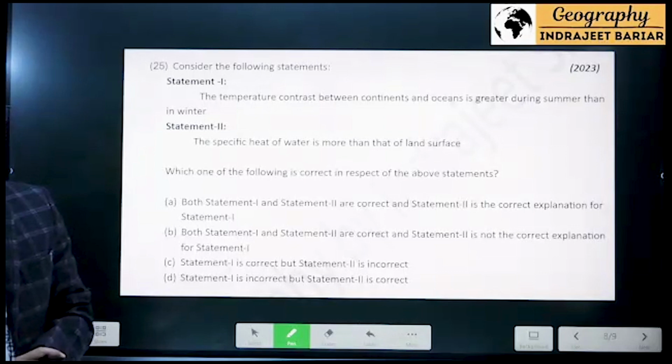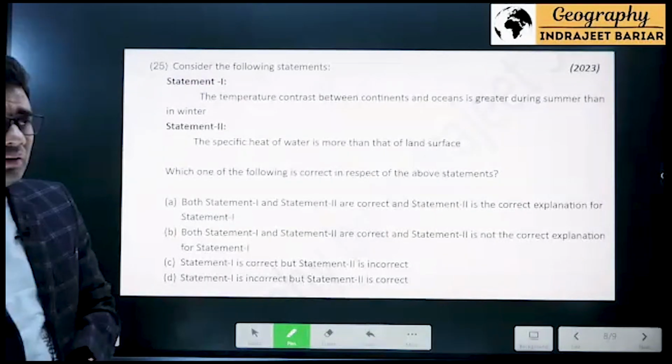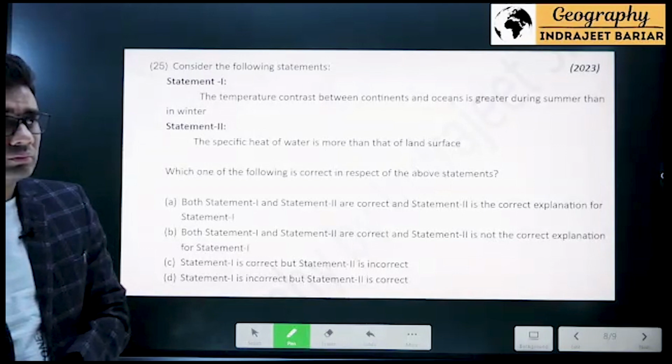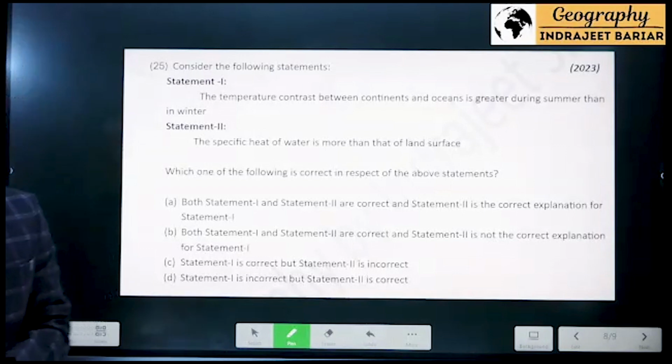I got the second statement correct. Okay, Charvi? Sir, D.